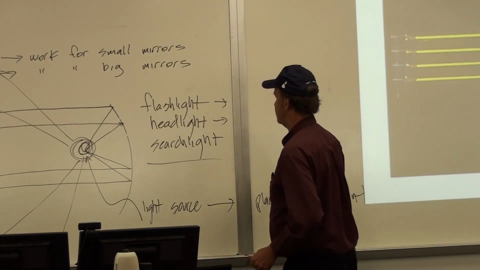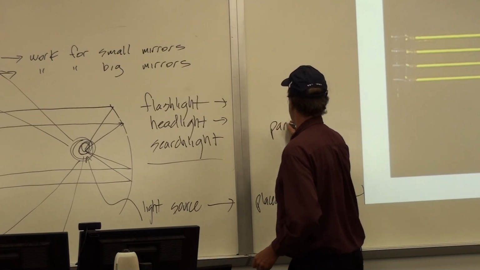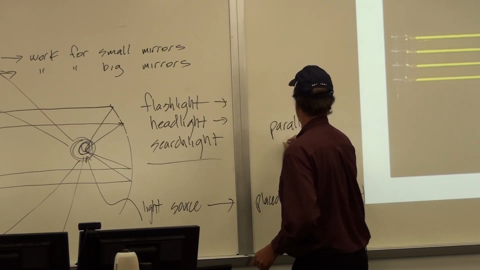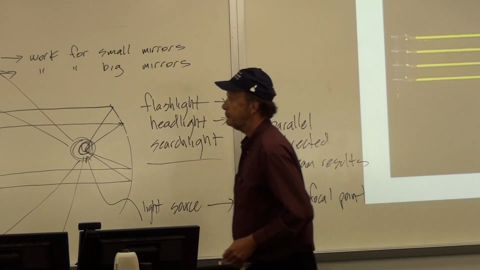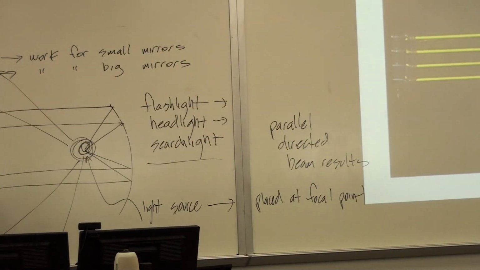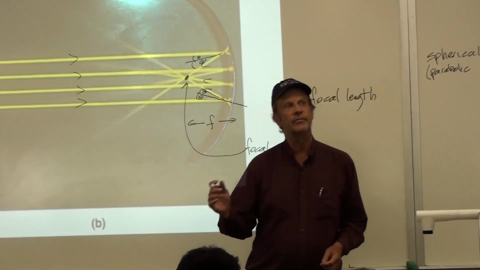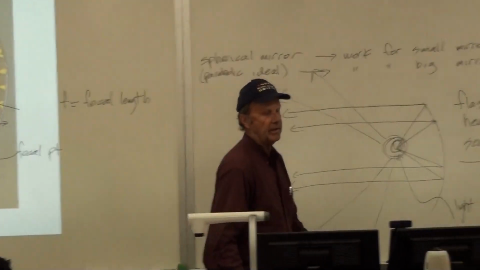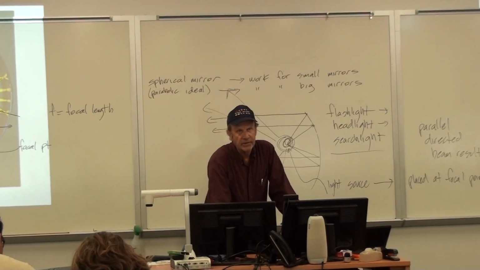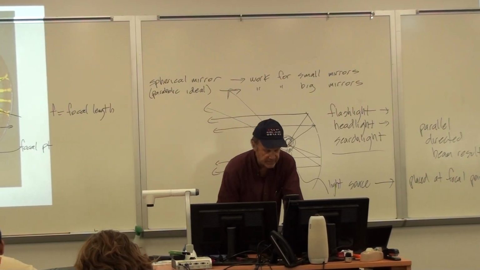And then this results in a parallel directed beam. Okay, so those are some of the main uses for a curved mirror. But you can also use them in a variety of other applications, and one of them is a telescope.